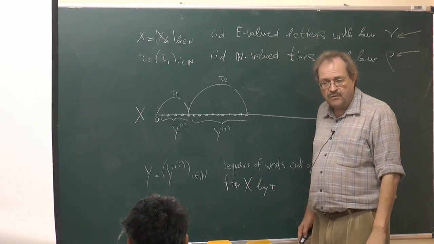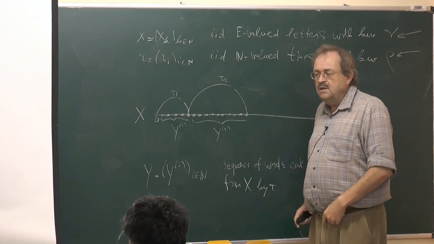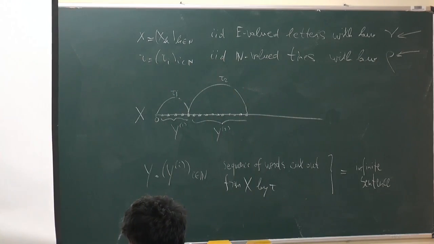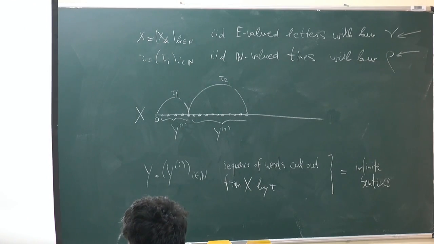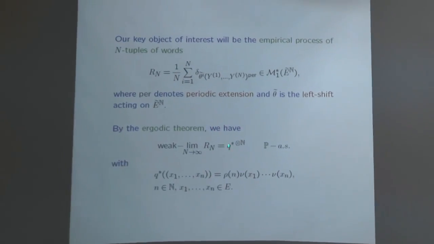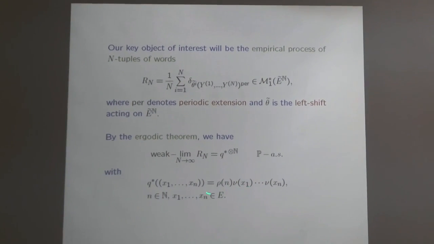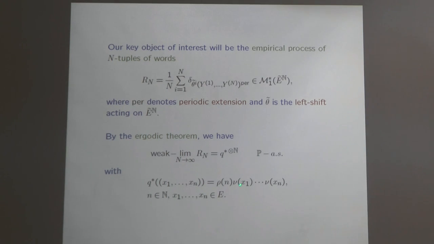It lives on a somewhat more fancy space because the words are living on a somewhat more fancy space, but otherwise it's just an ID sequence, and the ergodic theorem will tell you that this empirical process converges to this simple law, which is completely explicit. The moment you give me what rho is and what nu is, we are there. And for instance, here you could choose these things to be plus or minus 1/2, and maybe this could be any law that you like, and so the limiting behavior of this law is very simple.